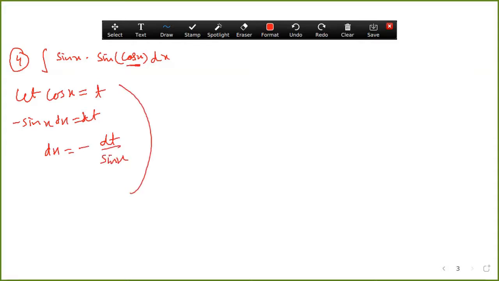Now the question becomes integration of sin x into sin of cos x, where cos x is t, so sin t. Now the value of dx is minus dt upon sin x.